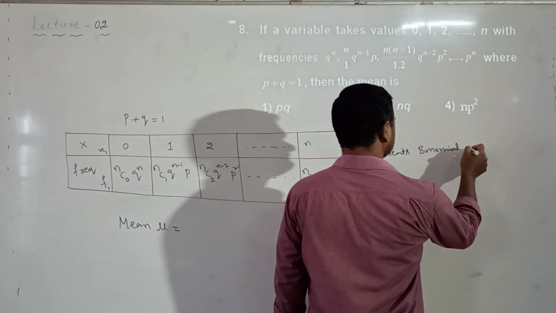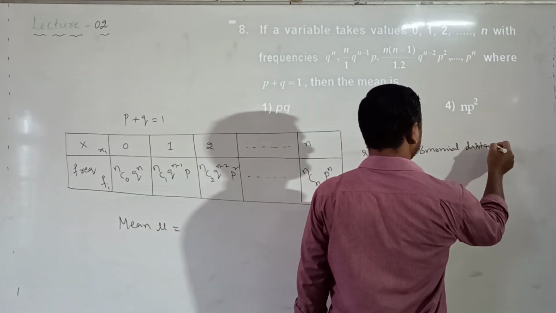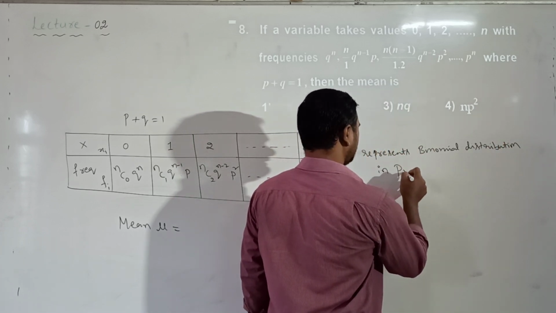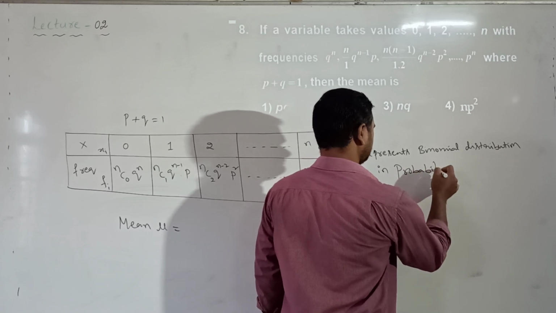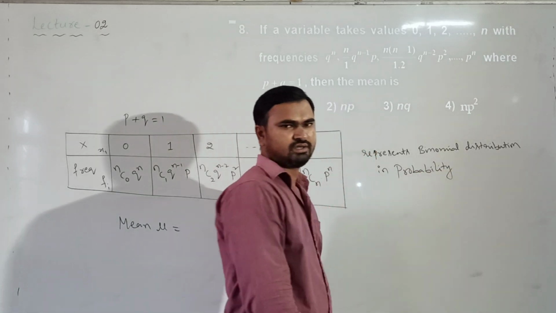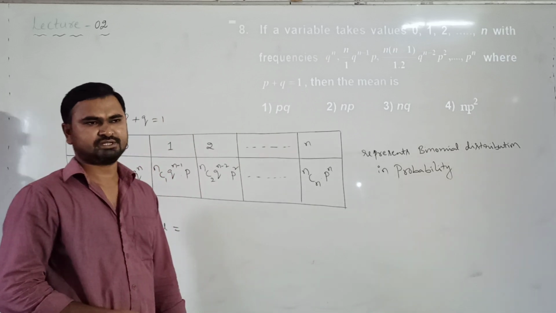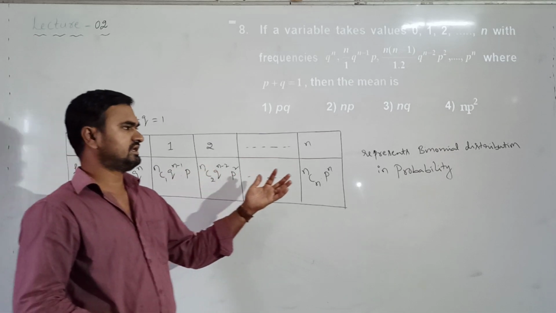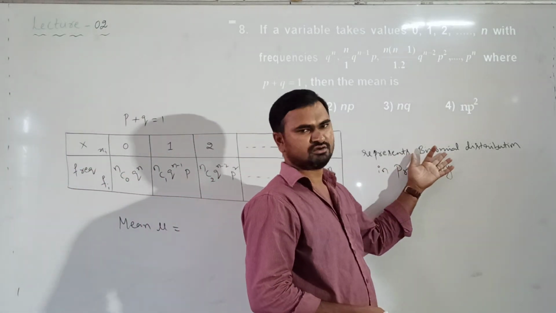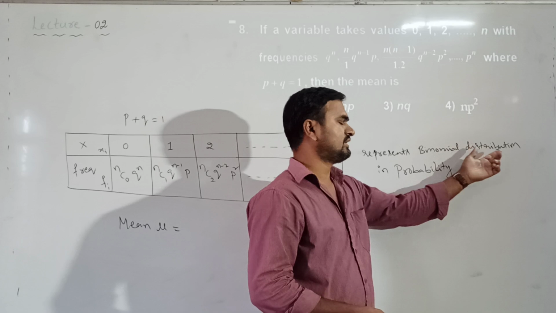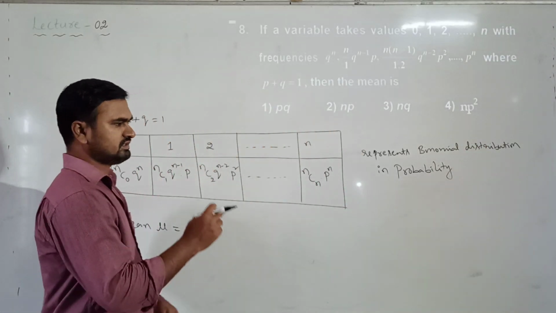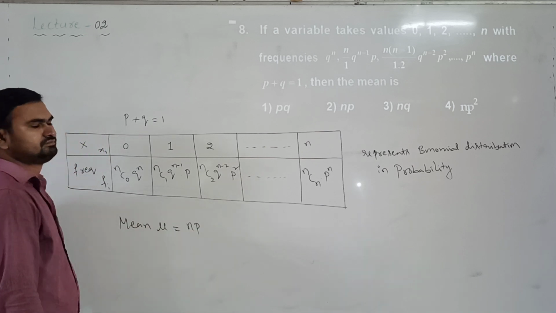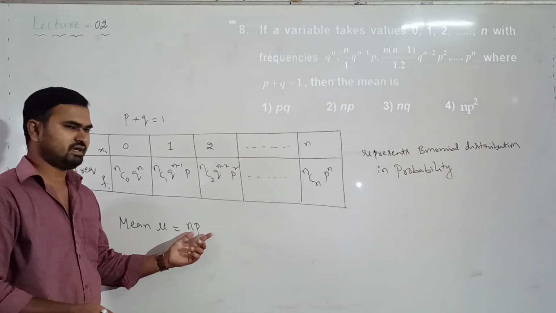When we study the probability chapter, we will understand this concept better. There is a formula for finding the mean and variance in the case of a binomial distribution. Let us remember that formula. Mean is given by n into p.